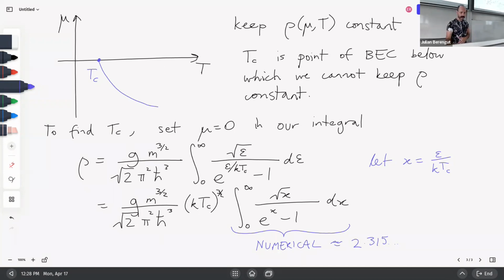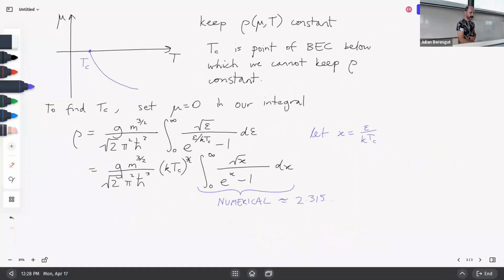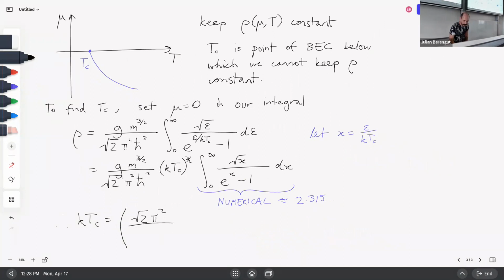And so then you take this thing, and therefore kTc is equal to all this stuff, root 2 pi squared over 2.315 g, all that to the 2/3. I've got h bar squared over m. I've got density to the power of 2/3.